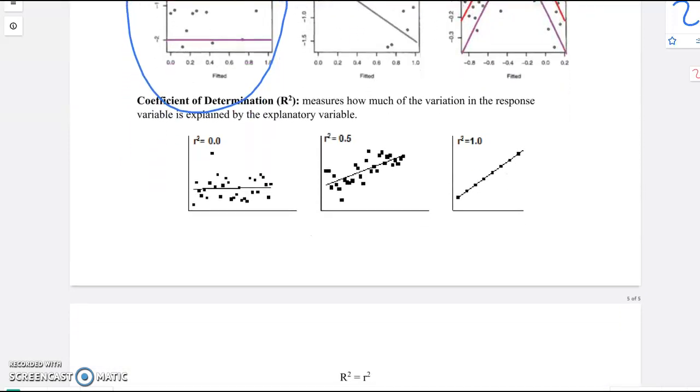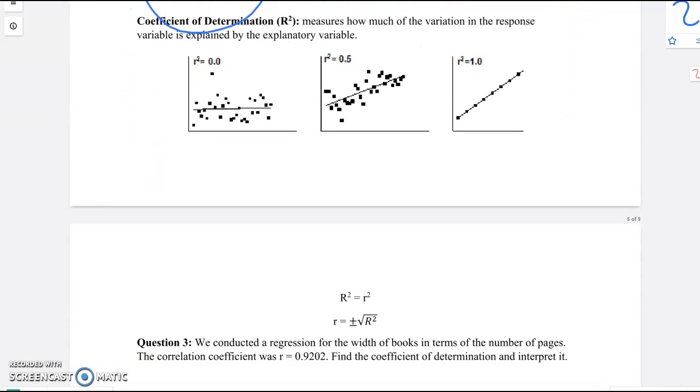Now, another way that we can determine if linear regression is appropriate is something called the coefficient of determination. It measures how much of the variation in the response variable is explained by the explanatory variable, and usually we say r squared. R squared is just squaring the correlation.